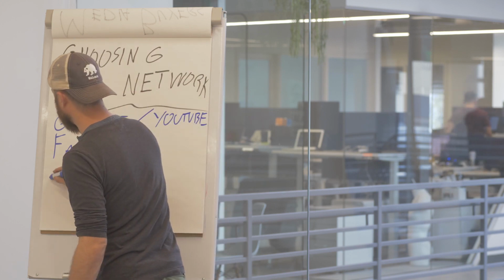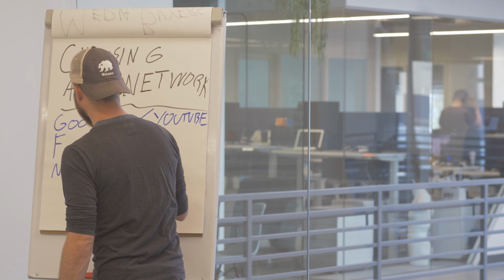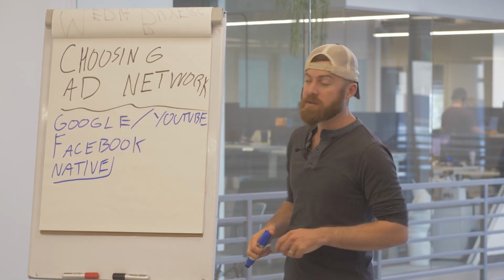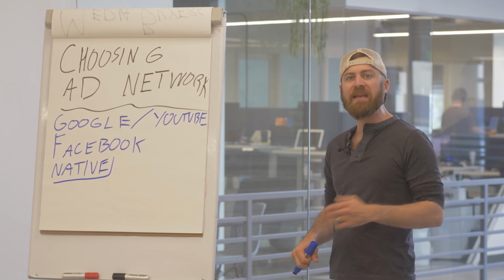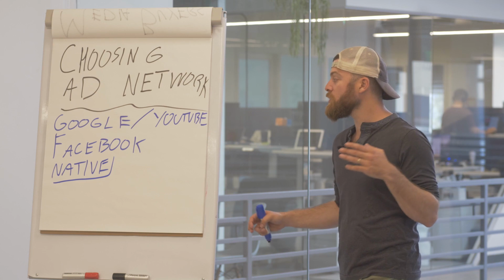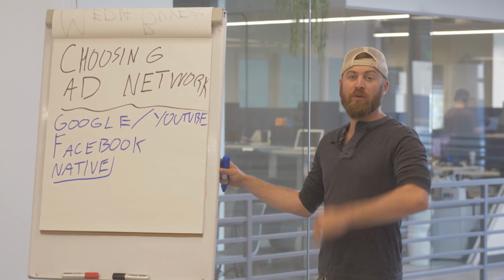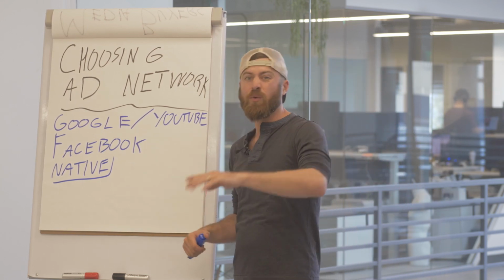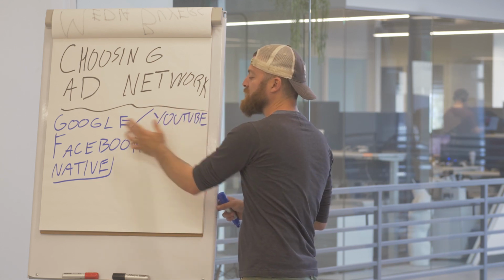Then I like to say there's native. And native ad networks encompass a lot of the little smaller ad networks. I'm going to name out a couple. I'll also have all of these ad networks listed below. They should be below this video. So I'm just going to list a few out right now. Then we'll get into how to choose what is the best one to do.